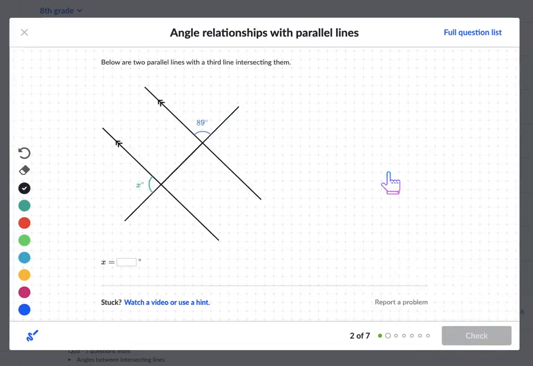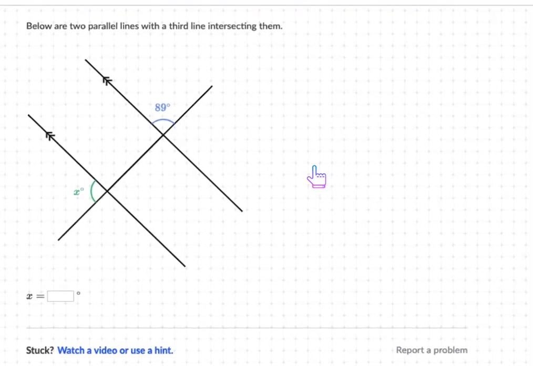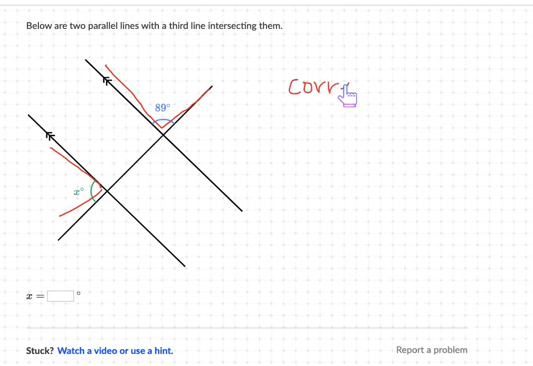Okay, let's try one last one. Below are two parallel lines with a third line intersecting them. What is x equal to? Let's see if you can pause the video and try this one on your own first. I'm going to first see if these two are congruent to each other. Sometimes they're not, right? Let me go through the list.